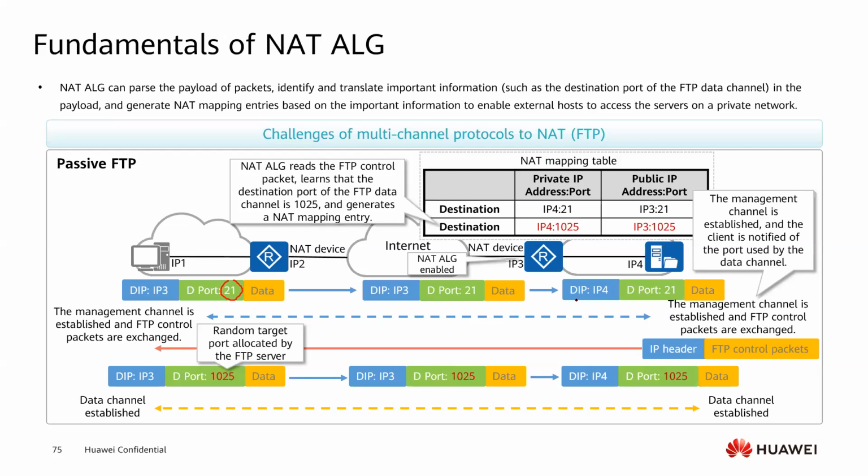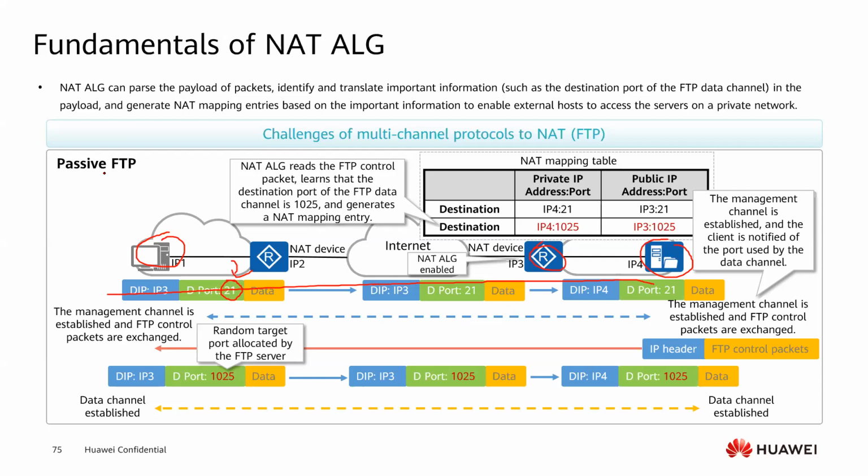This port is fixed, we will always use 21. So we will create a NAT server feature here, and allow this PC IP1 to communicate with this IP4 FTP server.